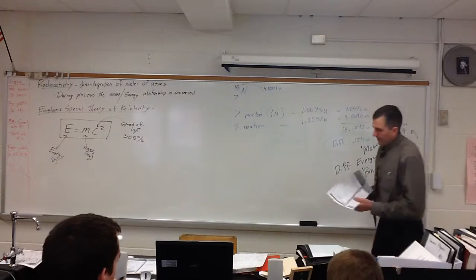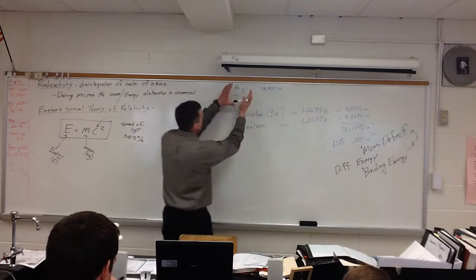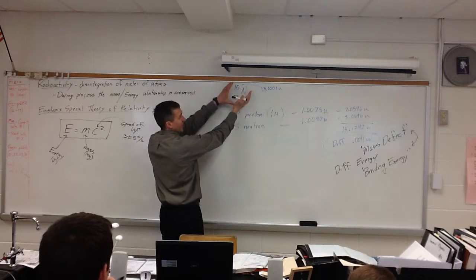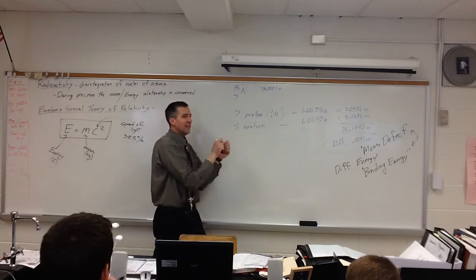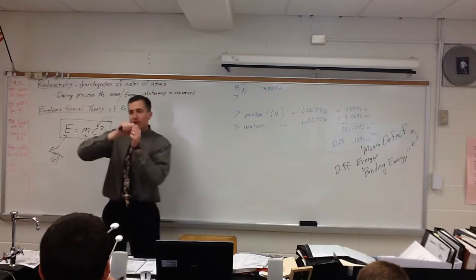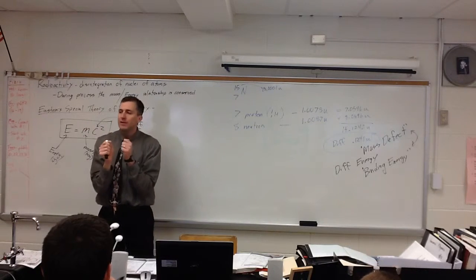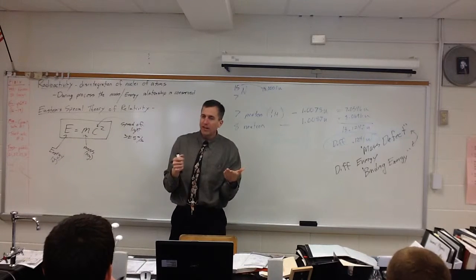Well, let me kind of spell it out like this for you. When you have a whole nucleus right here, its mass is 15, just about. When you take and start breaking the nucleus into individual pieces, the process of ripping the nucleus into individual pieces, each one of those pieces ends up being heavier than it used to be.